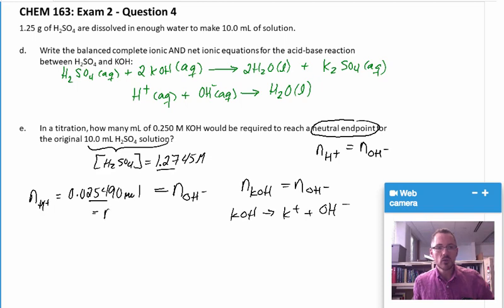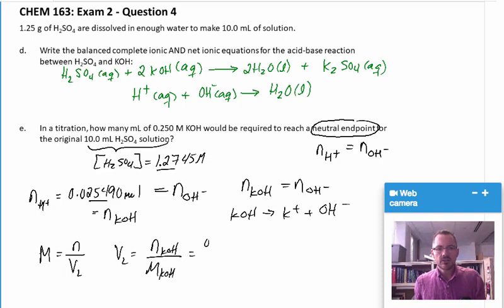So this also equals the moles of KOH. So finally, I can say that my concentration is equal to the number of moles of our KOH divided by the volume in liters. So our volume in liters will equal the number of moles of our KOH divided by our molarity of KOH.